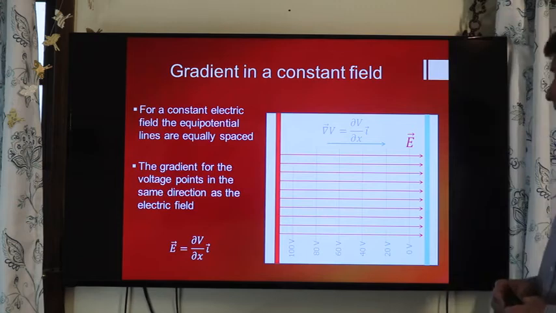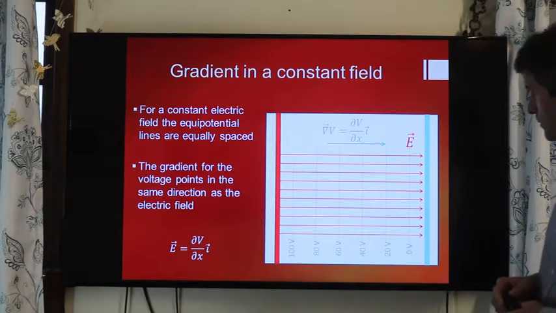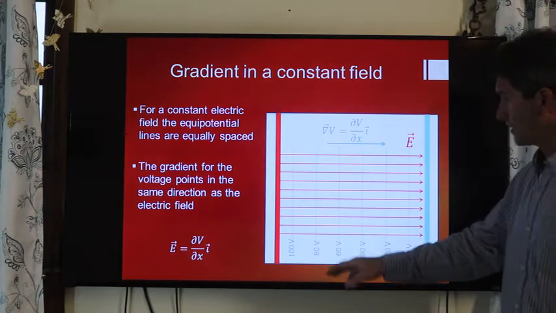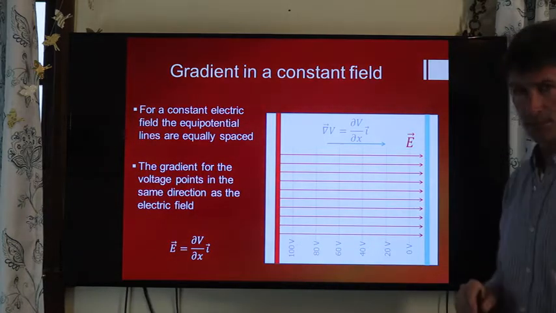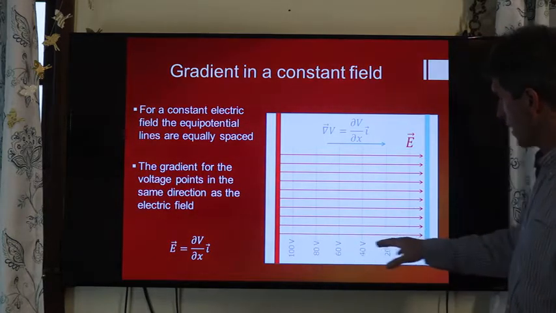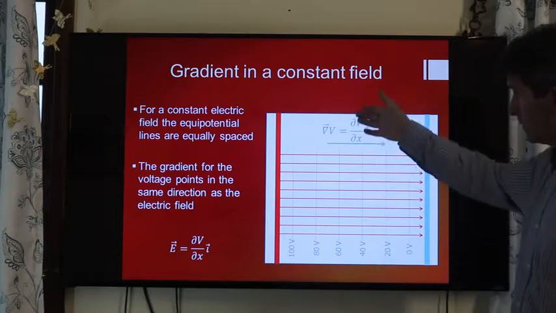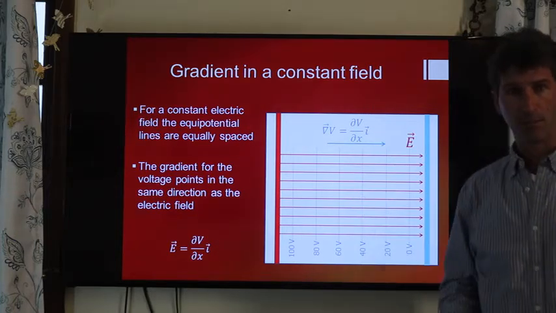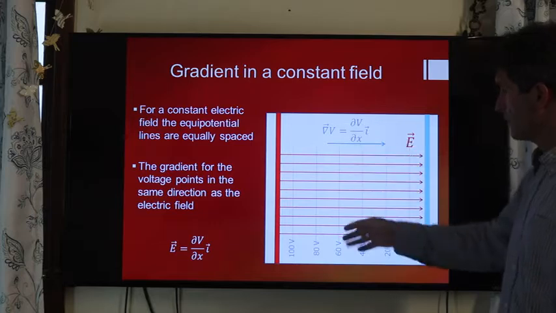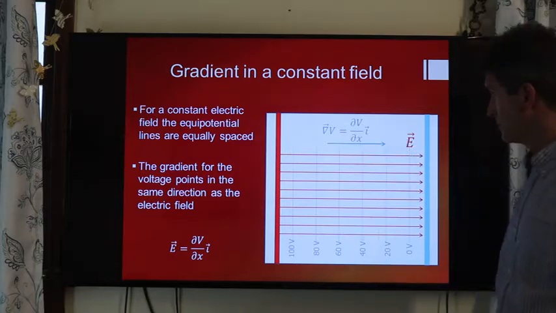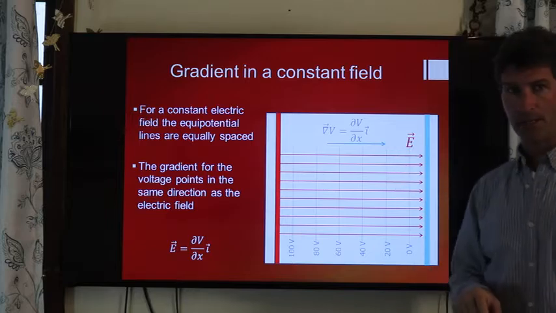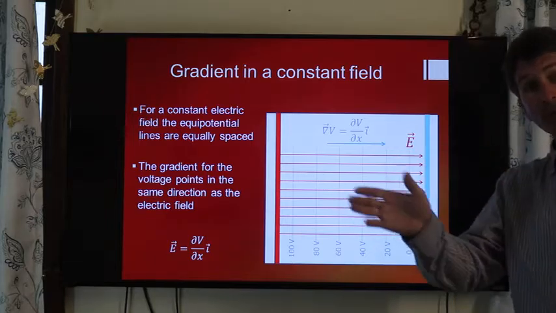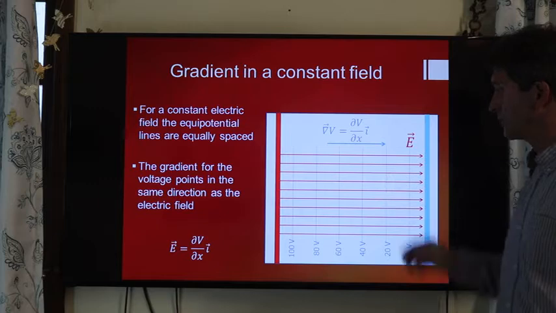Now again, going back, here's our parallel plate capacitor, and you can see we set one plate to one voltage, another plate to another voltage, and you can see it dropping off right here. These blue dotted lines represent areas which are all at the same potential. So the electric field lines would be in the direction that the voltage is changing.